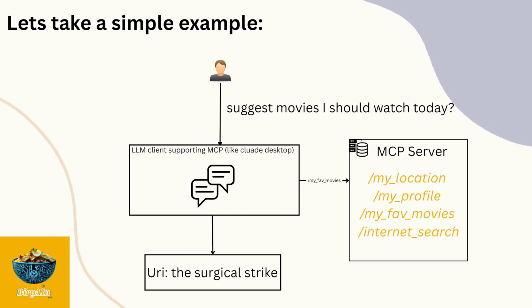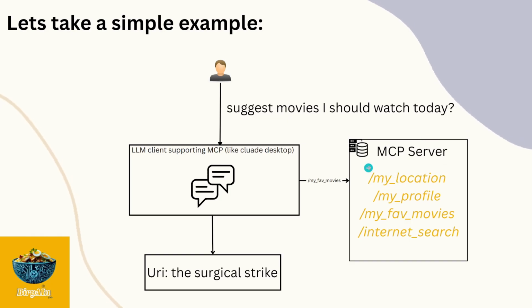So firstly, I have designed an MCP server, and this MCP server contains some routes. It contains a route for my location, my profile, my favorite movies, and a tool for internet search. Since this is an MCP server, it follows all the rules set by the MCP protocol.